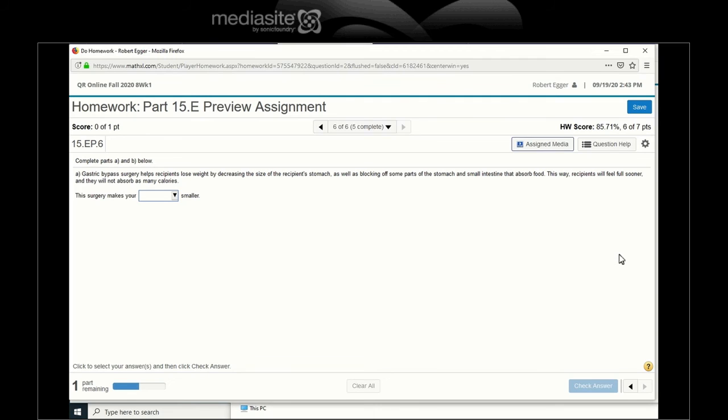And last question. Okay, this is where it comes from. Gastric bypass surgery helps recipients lose weight by decreasing the size of the stomach, and as well blocking off some of the parts of the stomach and small intestines that absorb food. This way, recipients will feel full sooner, and they will not absorb as many calories. This surgery makes your stomach smaller.